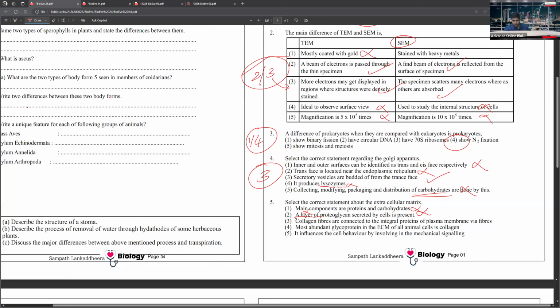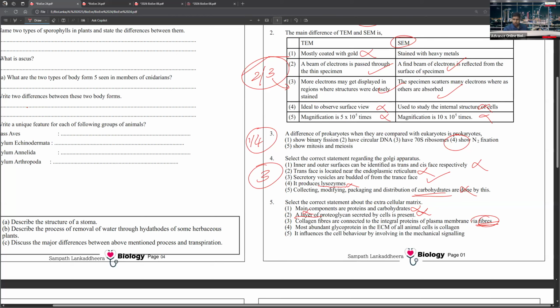Collagen fibers are connected with the integral proteins of the plasma membrane via fibers. Integral protein of the plasma membrane via fibers, or via fibronectin.